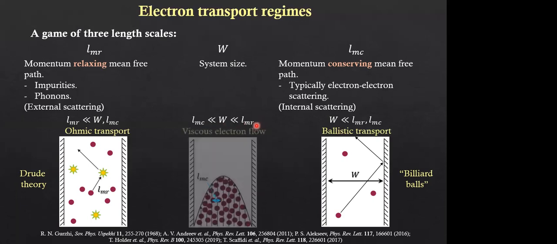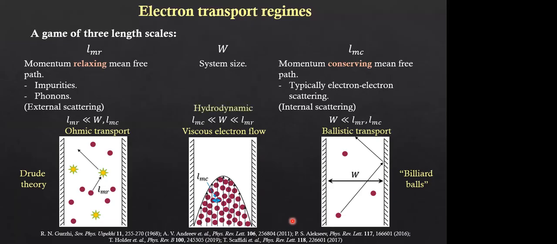And in this picture, we observe a viscous electron flow. That means if we are sending some amount of electrons in the system, they flow like a fluid, like water flowing through a channel. And one can observe this in experiments, and this is called the hydrodynamic flow, and this is what I will be talking about.